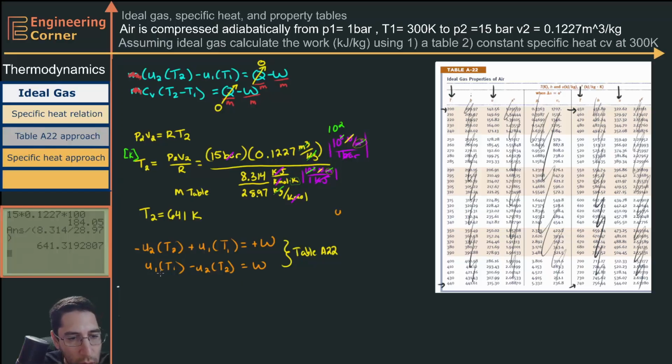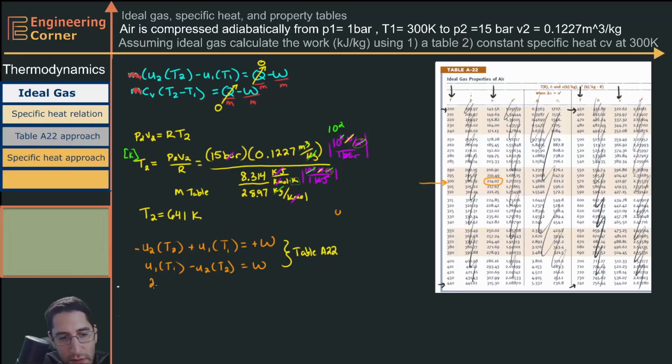So now what do we need? We need U1 at T1. So this T1 is 300 Kelvin. So we're over here. 300 Kelvin is 214.07.